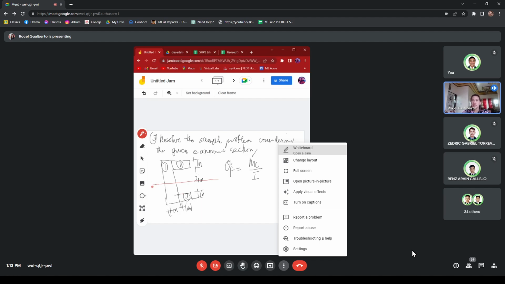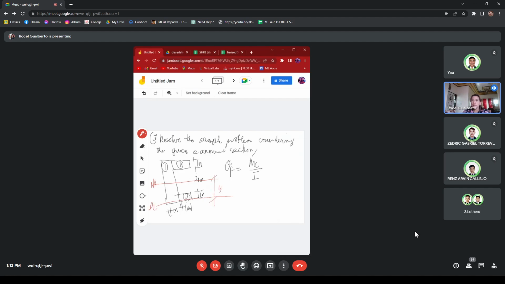So that would be symmetrical. And if that is symmetrical, yung ating neutral axis with respect to the datum line, the y bar itself would be equal to what? It should be the half of the total height. Yan po ay kapag symmetrical.